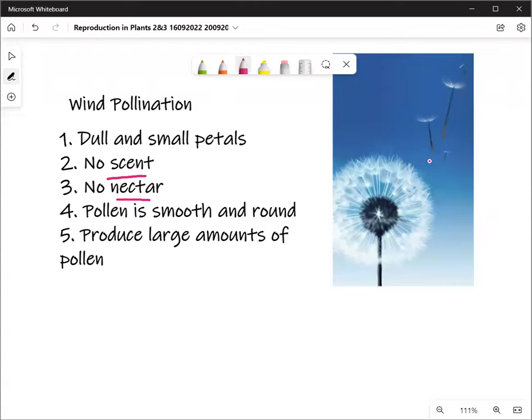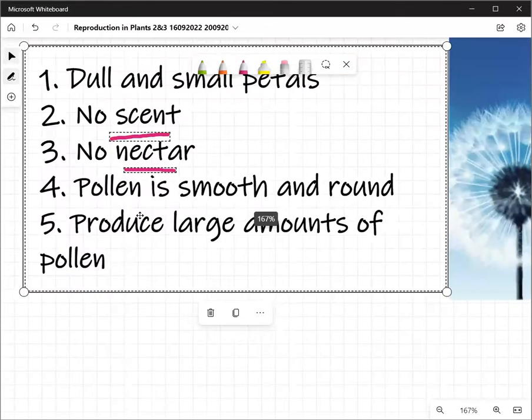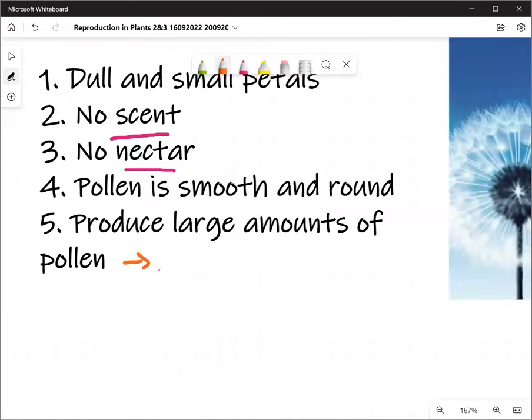The pollens are smooth and round, they look like this. No hooks, nothing, but small and smooth. Not sticky, no hooks. And these guys produce hundreds, thousands of pollen, a lot more than the insect pollinated, so more than insect.